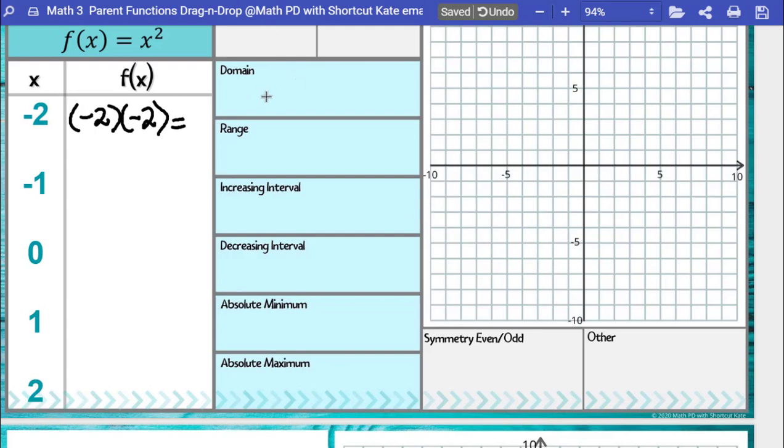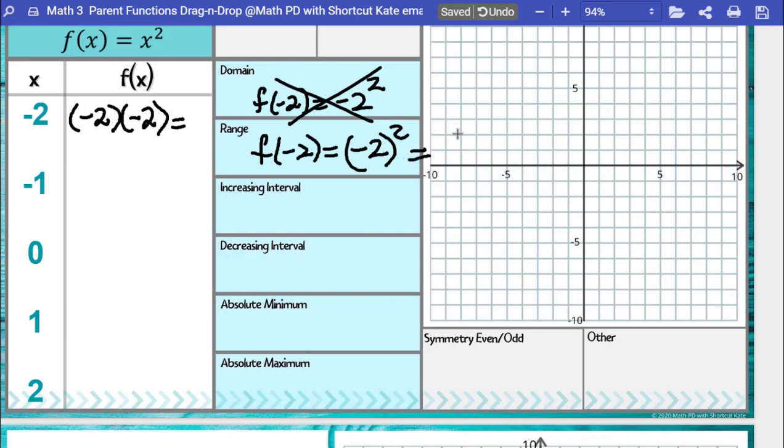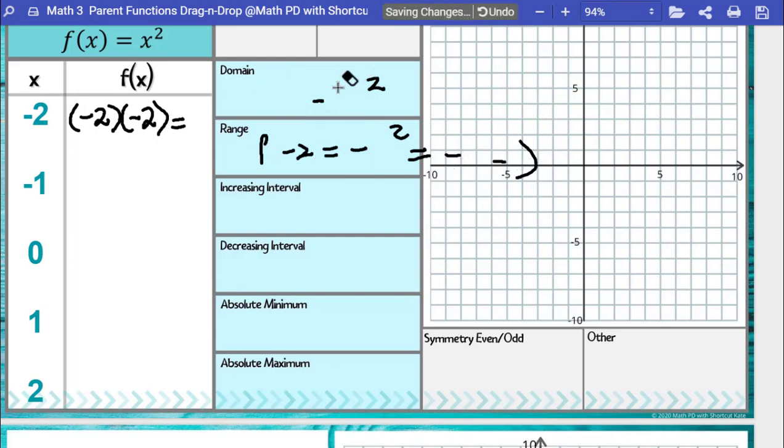So what I mean by that is when you substitute f of negative 2, sometimes we'll write it like this, and this is incorrect. If you put it in your calculator, you must put the parentheses because that means you have 2 negative 2's. So just keep that in mind, which is why I'm going to write it out because I don't want you to get mixed up.